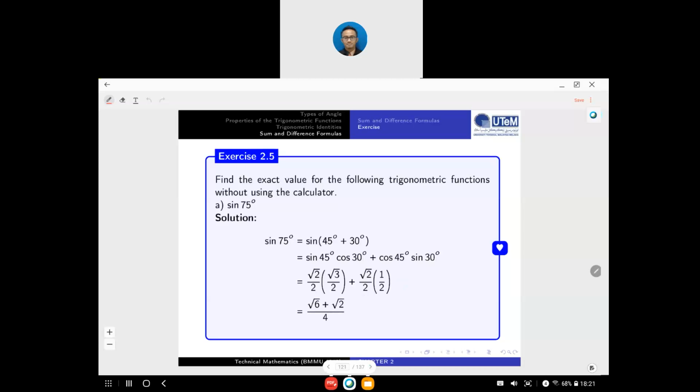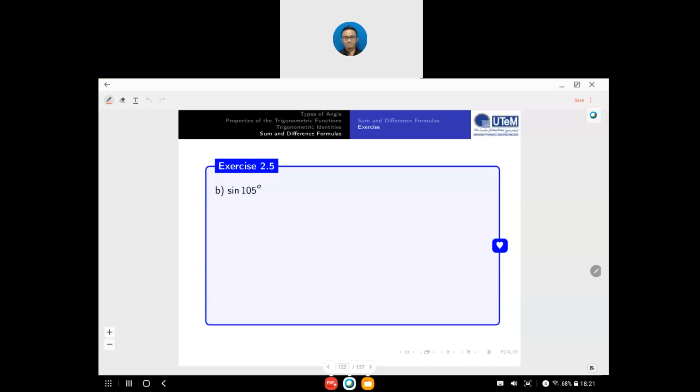Now look at question B, sine 105. Sine 105, where can you get it from? 105 degrees you can get from 45 degrees plus 60 degrees. So we are using the sine formula with plus, the formula we gave earlier.